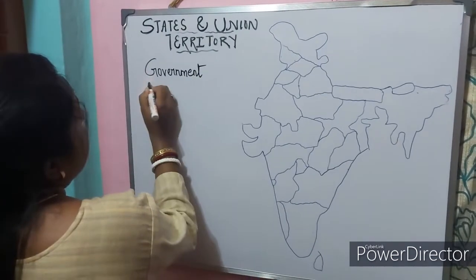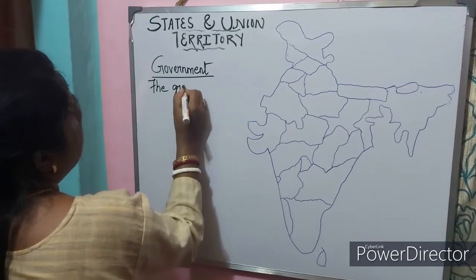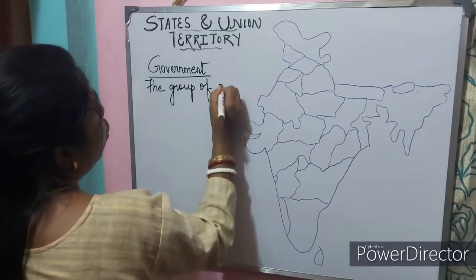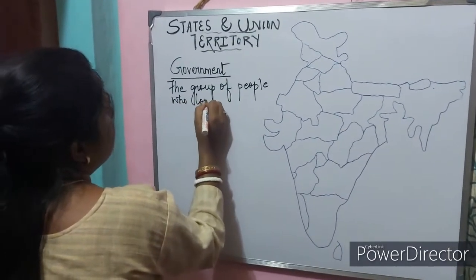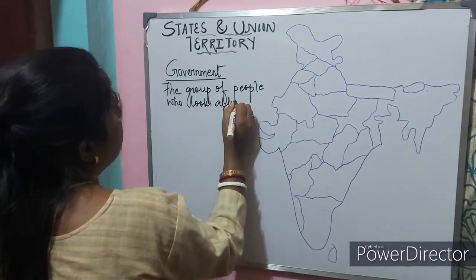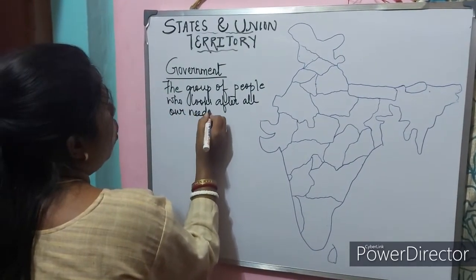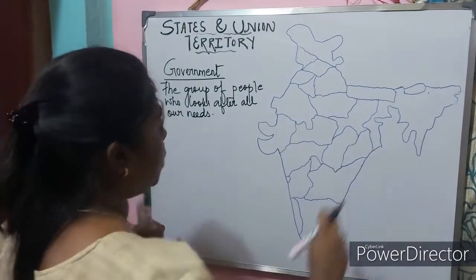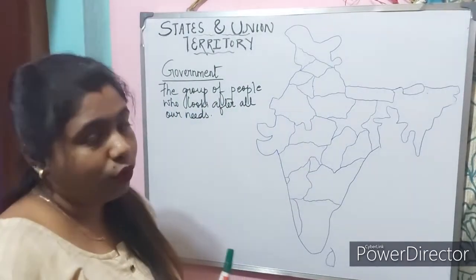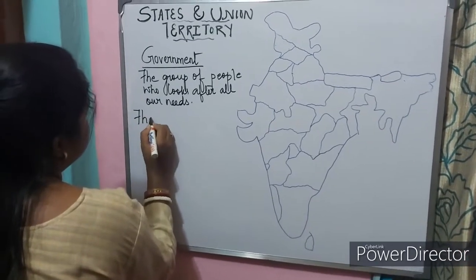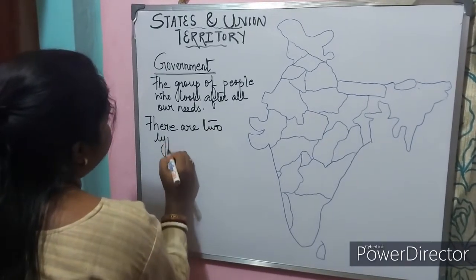Government means the group of people who look after all our needs, that means the needs of all the people living in our country. These groups of people are selected by us only. There are 2 types of government.